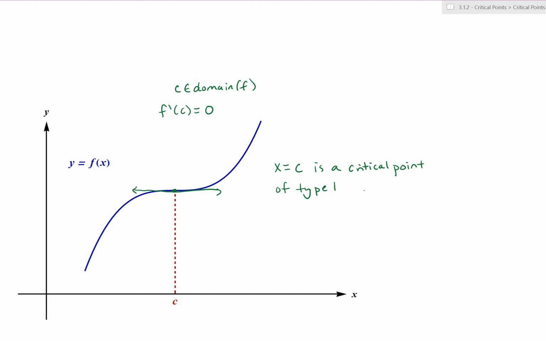We do not have an extreme point here though, right? Because if I move to the left of c and to the right of c, there are values that are both bigger than the output of f at c and also less than that. So here's an example in which we have a critical point, but there is no local extreme point.